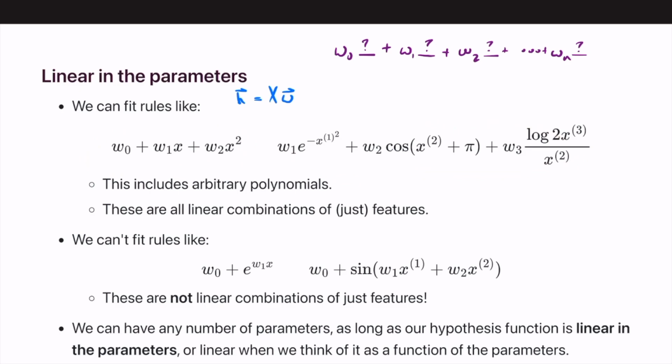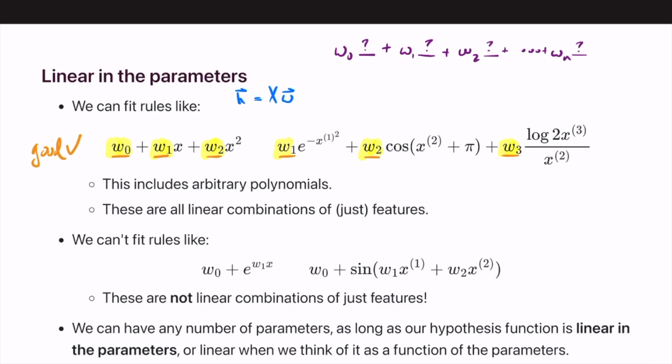So we have W0, W1, W2, and W3. These are all good. What we can say is these weights are being multiplied by our features.